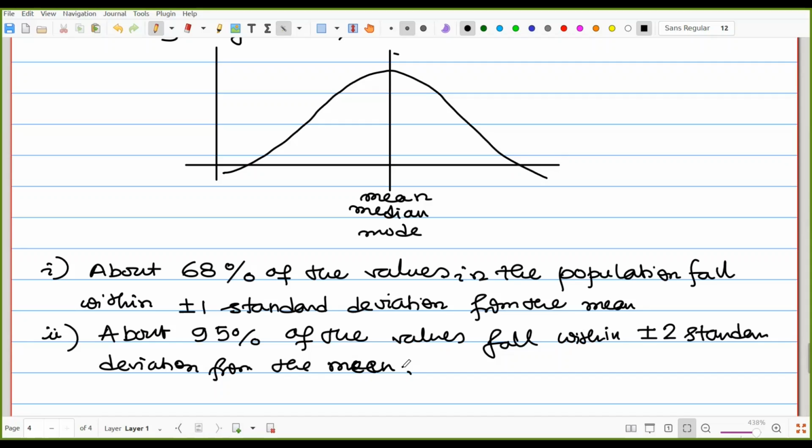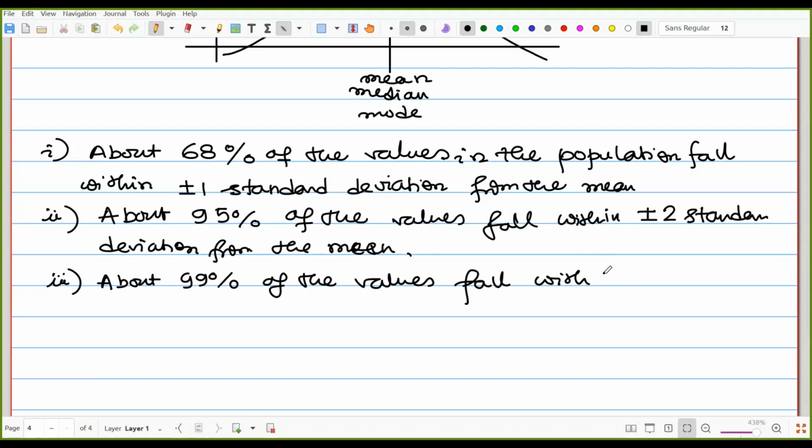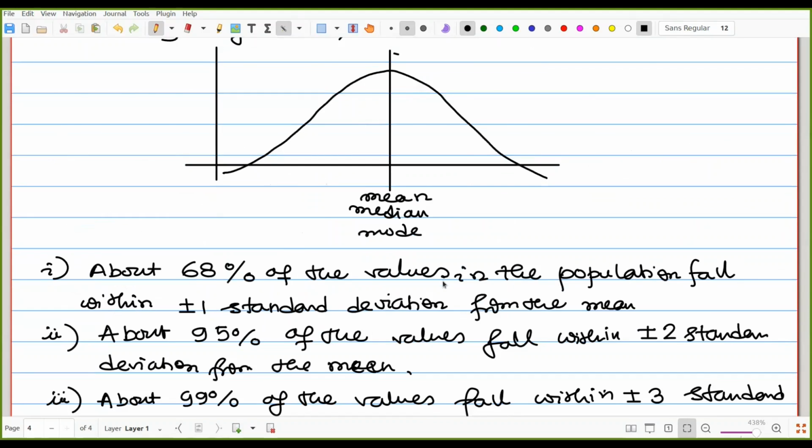And the third one, about 99% of the values fall within ±3 standard deviations from the mean. Now, what is it in a small example.